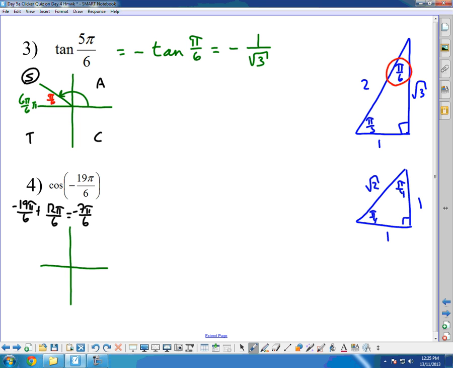So when I'm doing my rotation, I know I'm going to go one full rotation. There's my 12 pi over 6, or 2 pi. And then I go even further, I go 7 pi over 6. So negative 7 pi over 6 is going to put me in this quadrant.